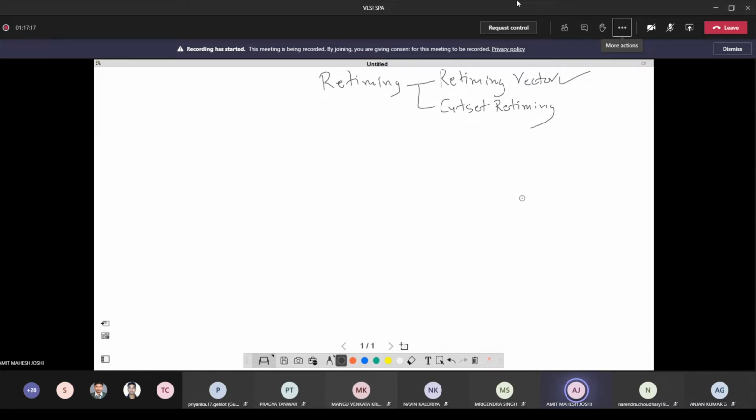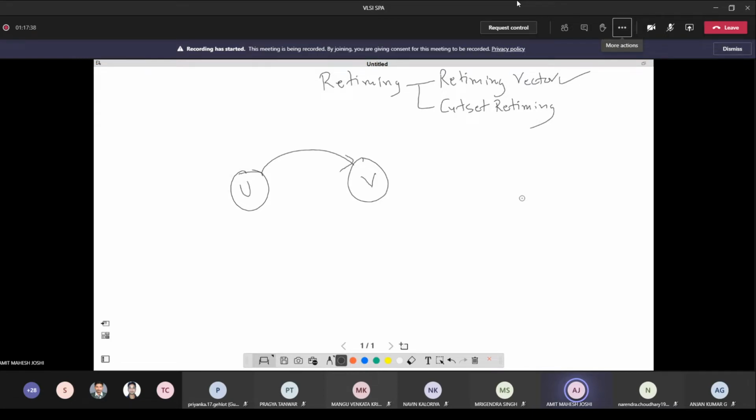Okay. So just to understand the retiming vector, let's consider one particular node U, another particular node V. Both are related with each other by this particular edge.